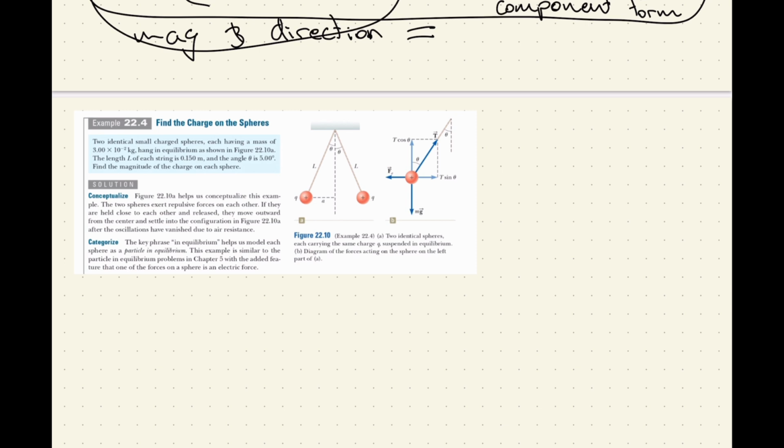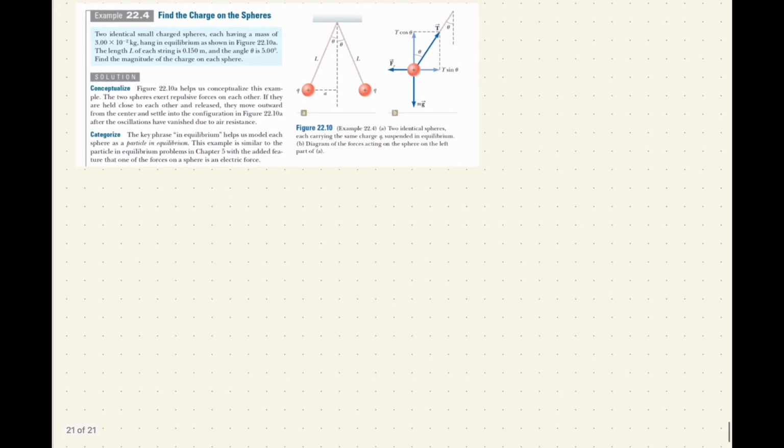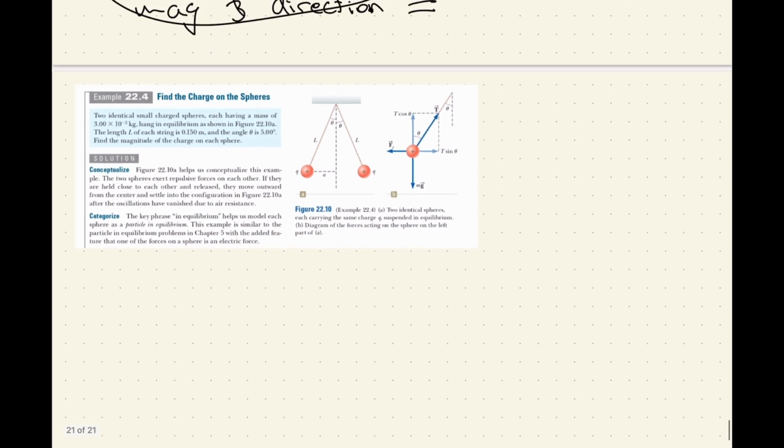So I'm going to try to go through this problem a little quicker, but basically, they show us here a picture of all the forces acting on this single charged particle. It's like they blew up the image here and showed it to you.